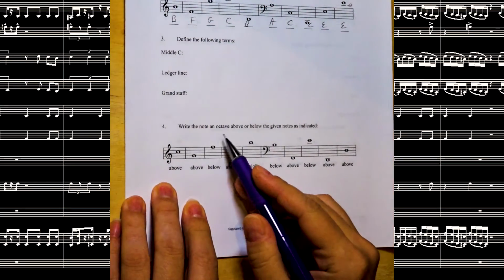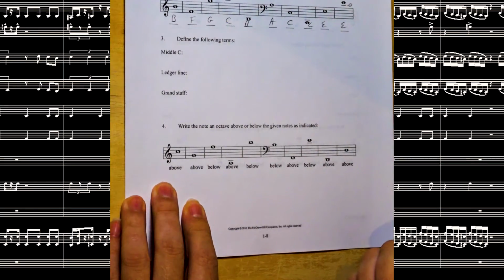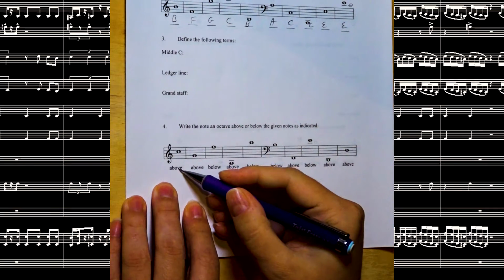All right, write a note an octave above or below, depending on what's written here.